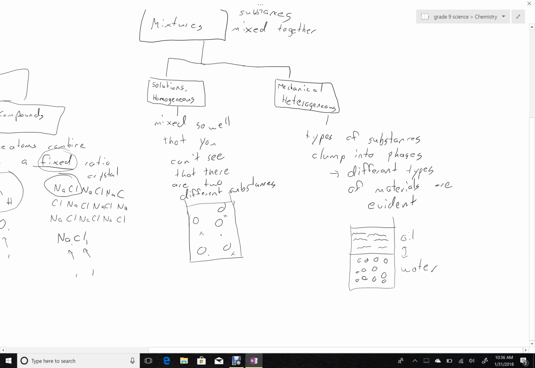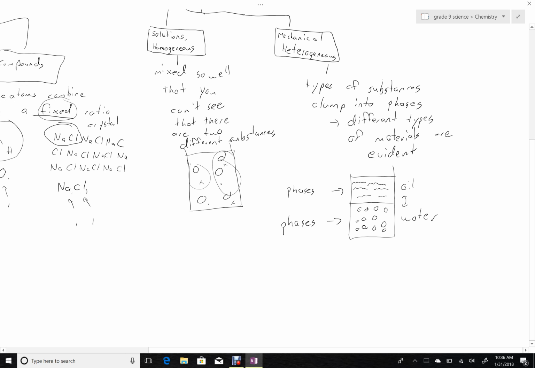See the X's and the O's here, the different types of particles all mixed together so that you couldn't see any one thing. Here they separated into what we call phases. And these phases are groups of molecules that are all clumped together and as a result are clearly visibly different from each other. The phases don't have to separate out this well.